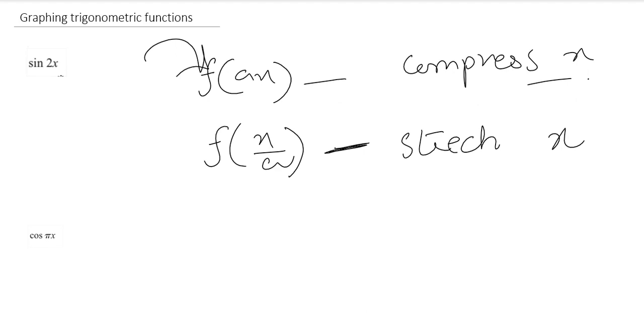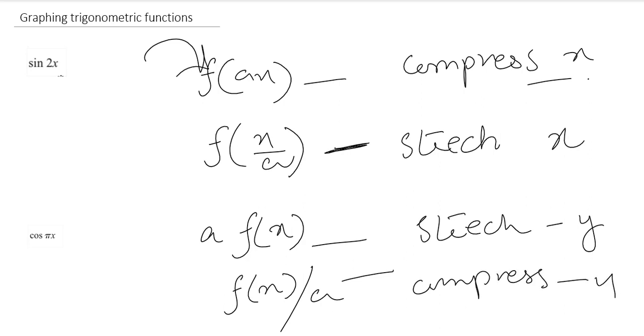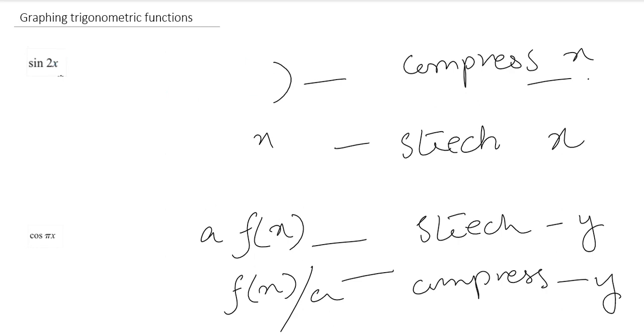But if the value is outside the function, as another example, the graph will stretch in this form along the y-axis, and over here the graph will compress along the y-axis. So you can see that this is an example of this type of function. So the graph will compress along the x-axis.